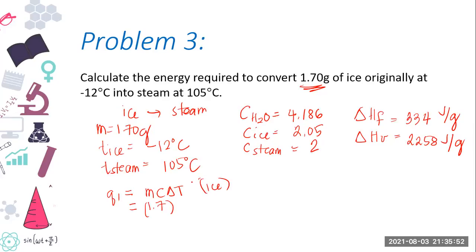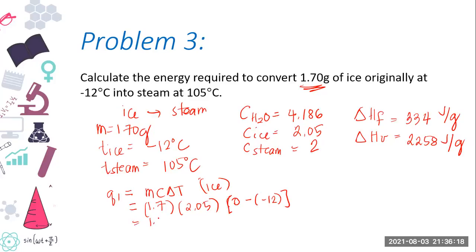And then here, remember, this is still in ice state, but it only has a change in temperature. So we'll be using the C of ice, which is 2.05. And then you're bringing it to 0, so that's 0 minus negative 12. Sometimes that leads to confusion why in the equation it's positive 12, because minus minus is already a positive.